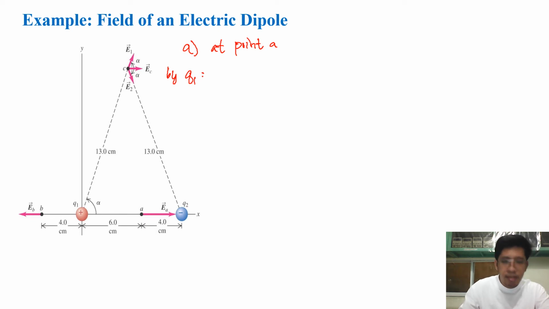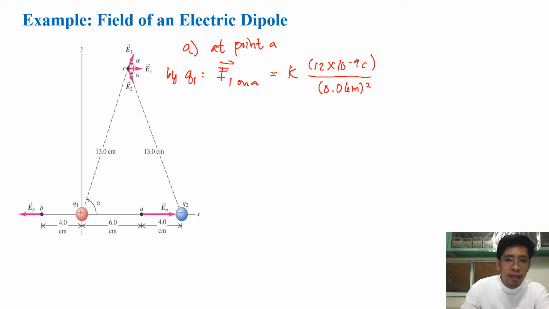That is just your E1 on A, the electric field of 1 on A. So this is just K times Q over R squared. Your Q1 is 12 times 10 to the negative 9 coulombs divided by R1A, which is 0.06 meters, squared.